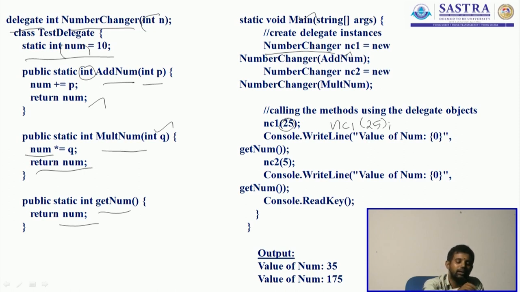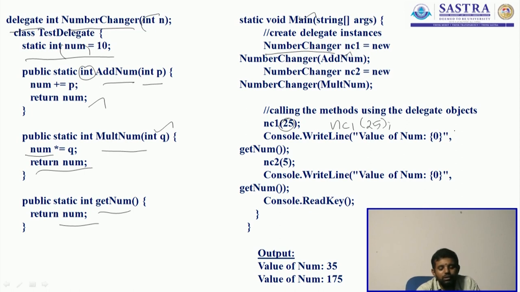So this add num will be called. It is something like creating an object for the test delegate class and calling add num. Whatever action will be done, that will be carried out with the help of this delegate itself. It is something like a pointer to a function, nothing more, right?